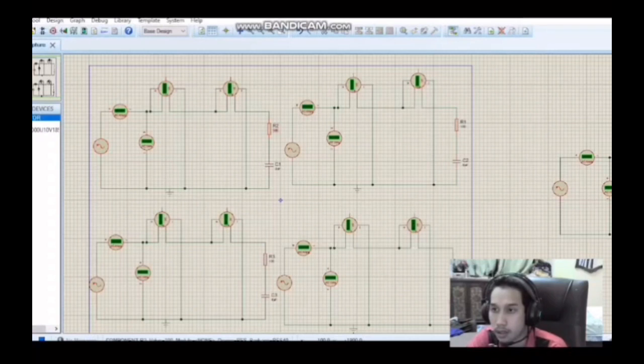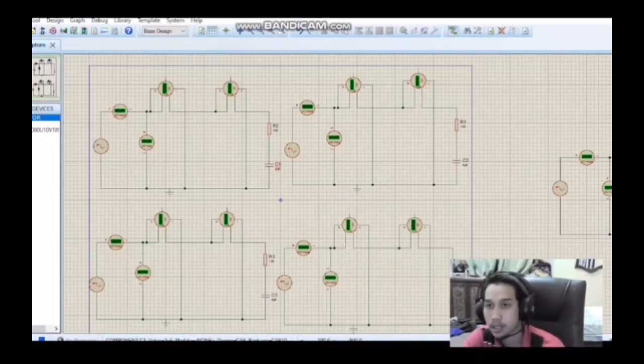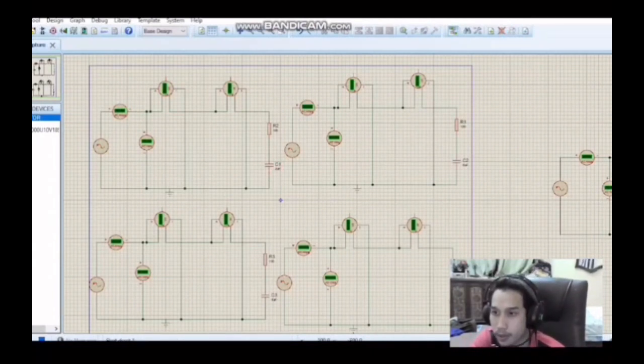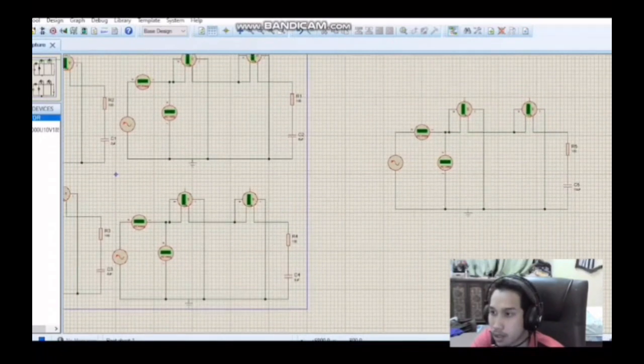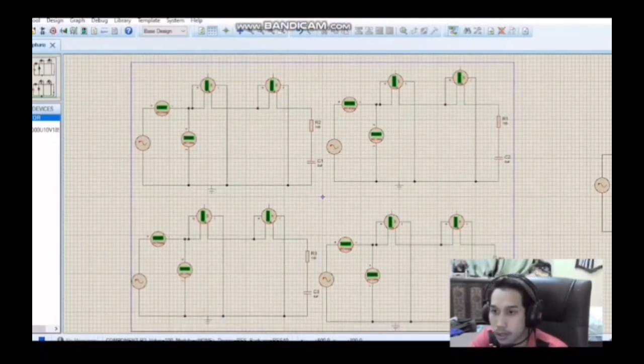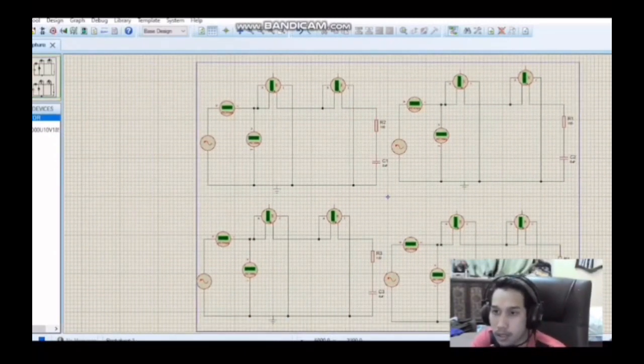Okay, for all circuits, we use the same value for the resistor, which is 100 ohm, and for the capacitor, we use different values, which are 2 micro, 4 micro, 6 micro, 8 micro, and the last one is 10 micro. Okay, so let's run the circuit.